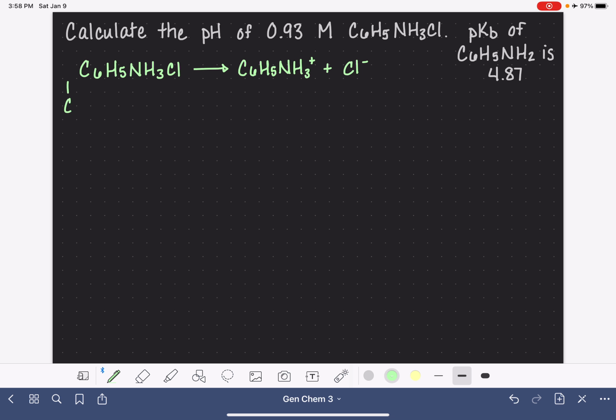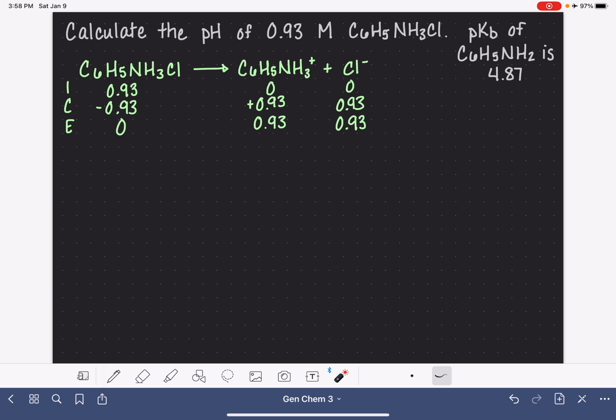We're going to make a little ice table for this, starting with 0.93 molar of C6H5NH3Cl. Initially, we have no products. This completely dissociates, leaving us with 0.93 of both of our products. Next step is to determine which of these products is acidic or basic.